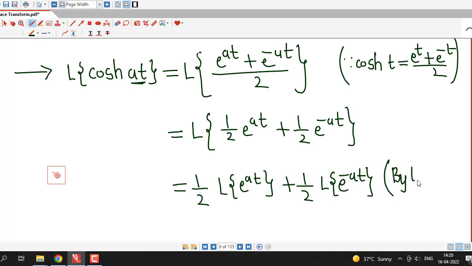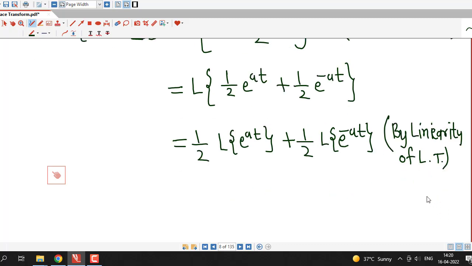So this is using linearity property of Laplace transform, or simply by linearity of Laplace transform.